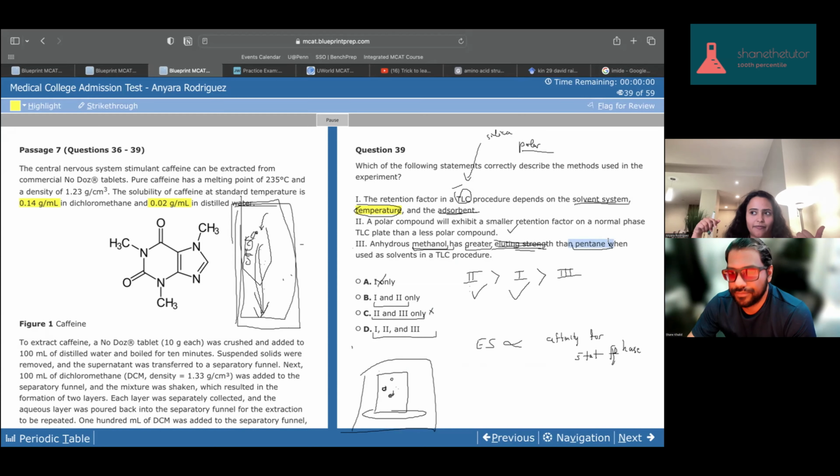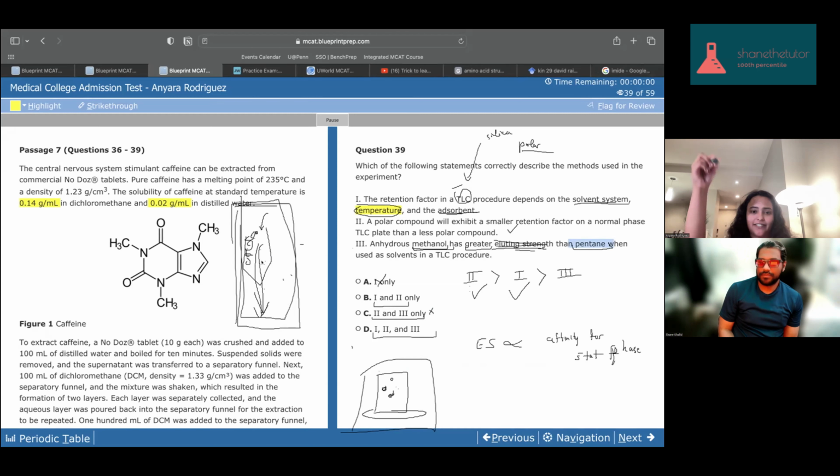Which is the opposite of the other example. In the other example, pentane would go faster because it has zero affinity for the polar stationary phase. But in TLC, it's traveling through it, so it needs to have affinity to be able to move on. I see, it's like the opposite.